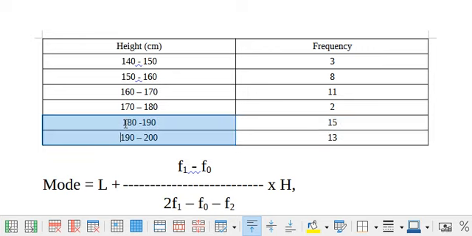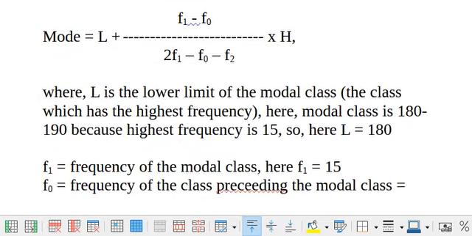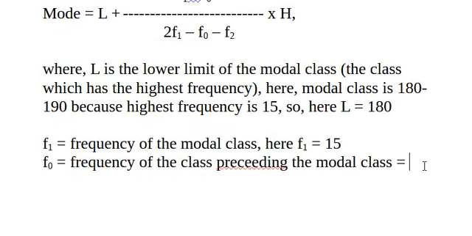Preceding the modal class means the class just before the modal class, that is 170 to 180. So that frequency is 2. So F0 equals 2. Now F2.